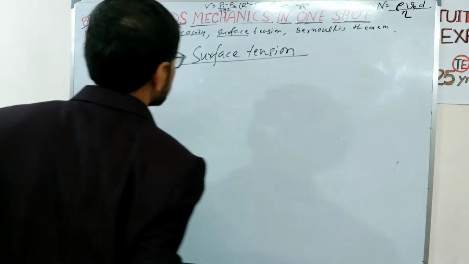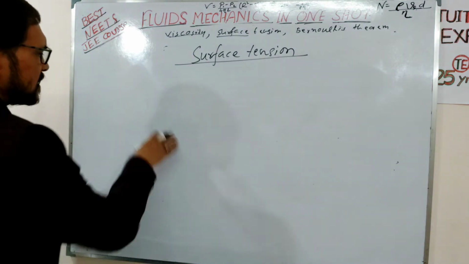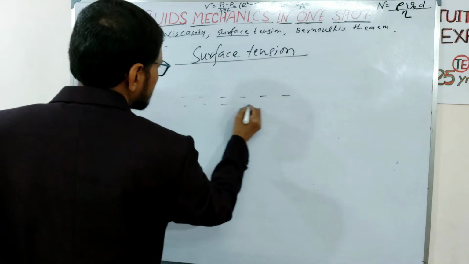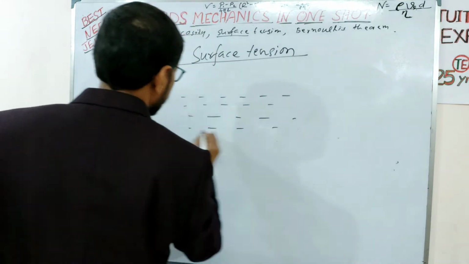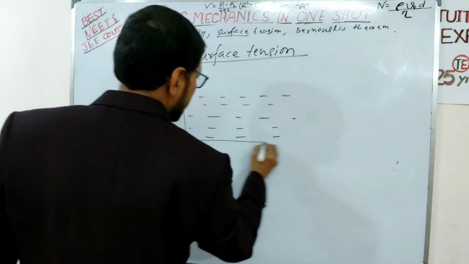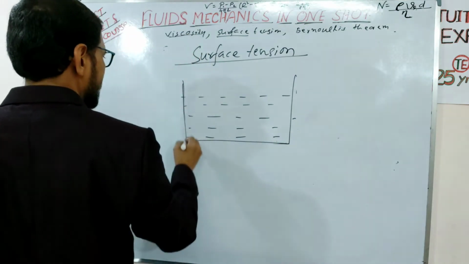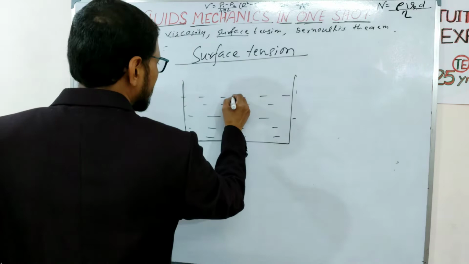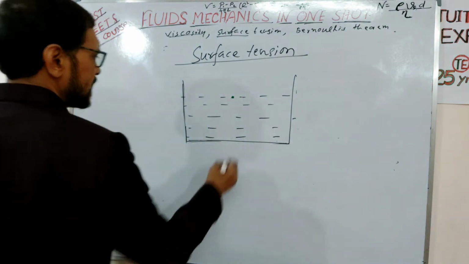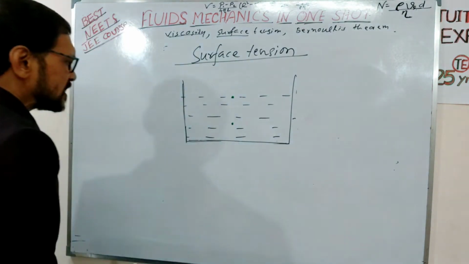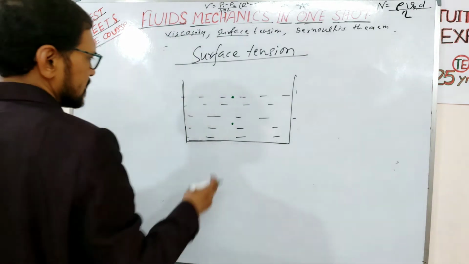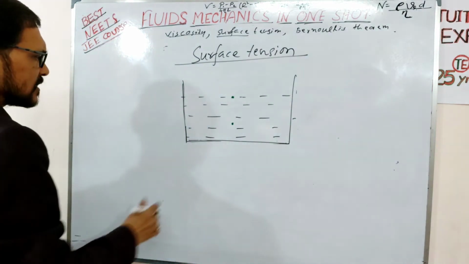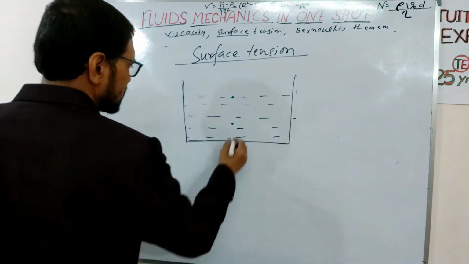Next topic is surface tension. How is surface tension developed at the surface of a liquid? Suppose this is a liquid surface. If we consider a molecule within the liquid and a molecule at the surface, what force acts on these molecules?